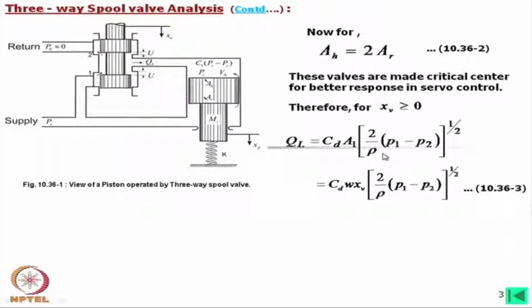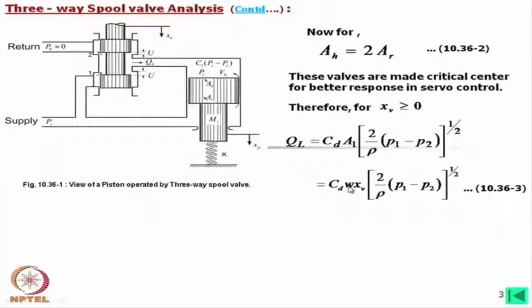we can further write this equation as Cd into W x_v, where x_v is the spool stroke, it is called the stroke. Now, what is W?